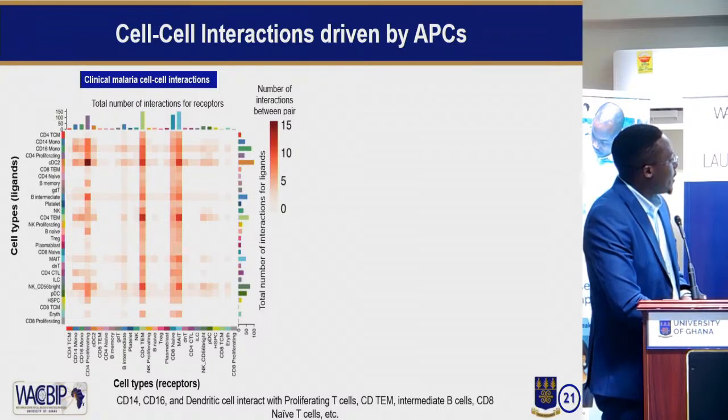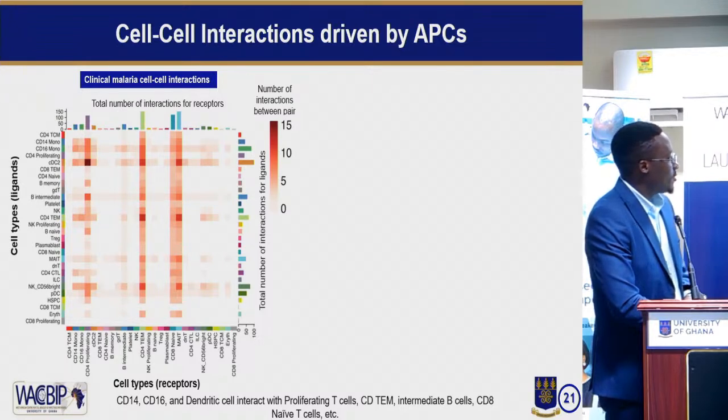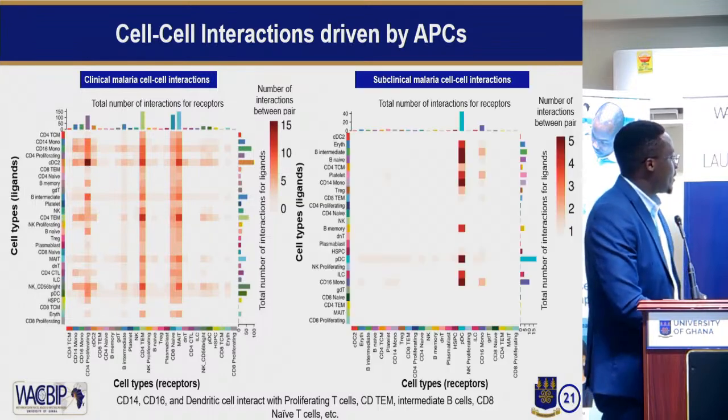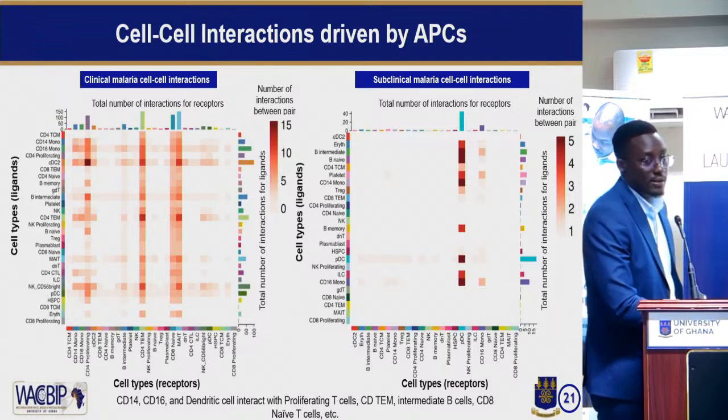Here I'm showing the total number of interactions for the receptor and the total number of interactions for the different ligands, and the color is indicative of the total number of interactions between each pair. And you can see that generally there are more cell-to-cell interactions during clinical malaria infection compared to subclinical malaria infection.